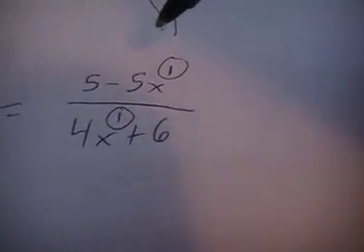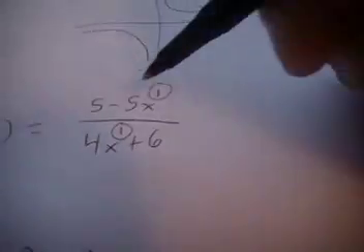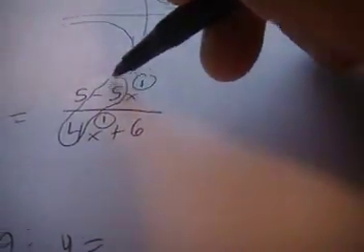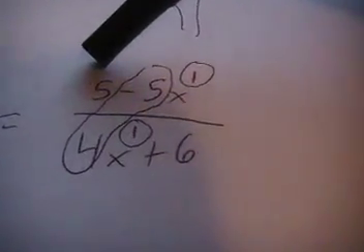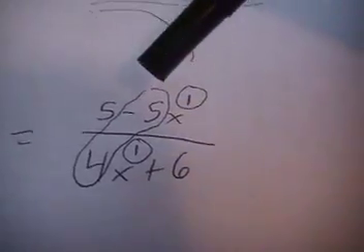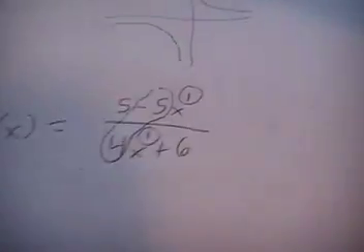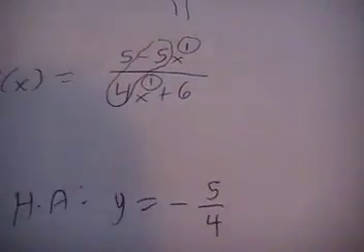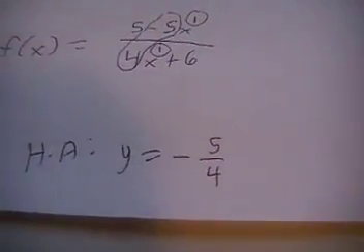When they're equal to each other, the horizontal asymptote is y equals the two leading coefficients divided. But you have to be careful because some people think the leading one is the 5 because it's in the front. Again, the leading coefficient is the number attached to the highest exponent. So it's negative 5 over 4, just what you see in front of each of the highest exponents.